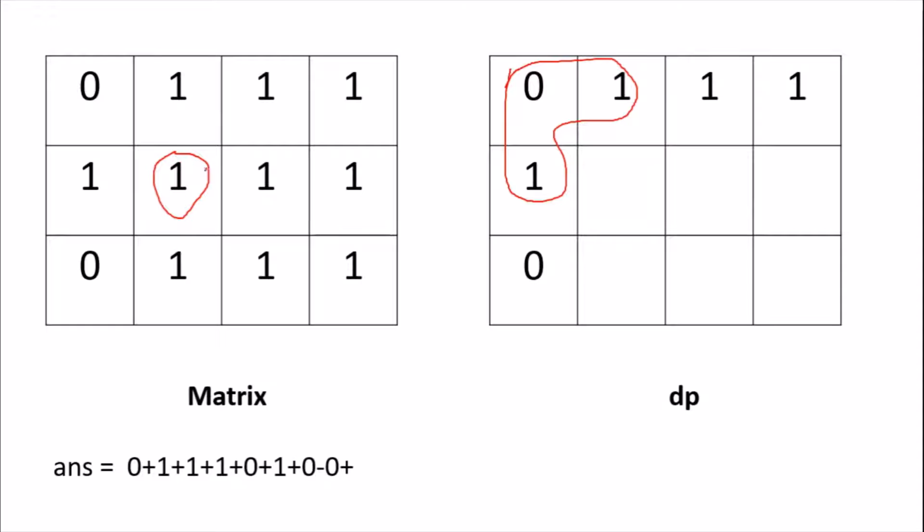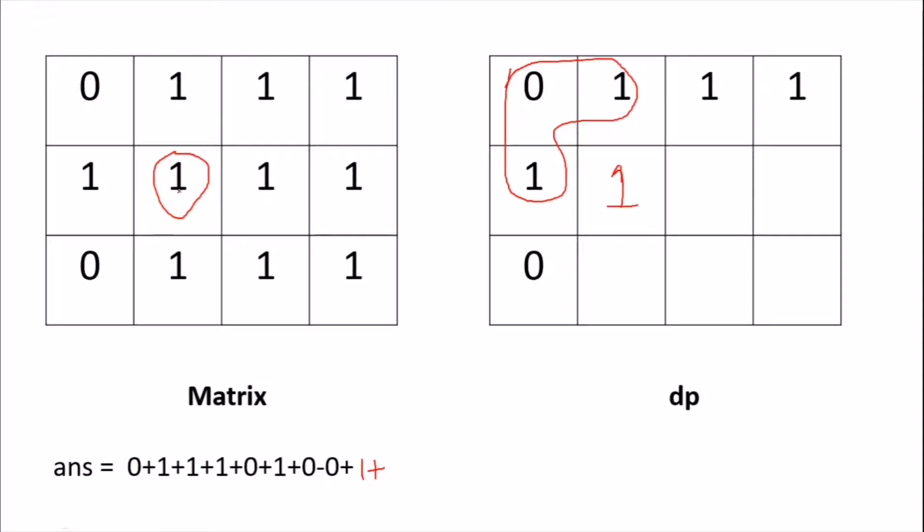We can only have a square submatrix of size 1, so we put 1 here, that is 0 plus 1, that is 1. We put 1 here and we add 1 to the answer.